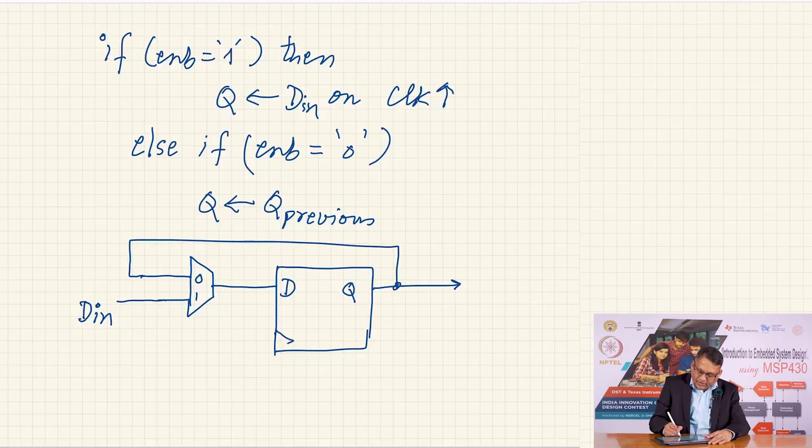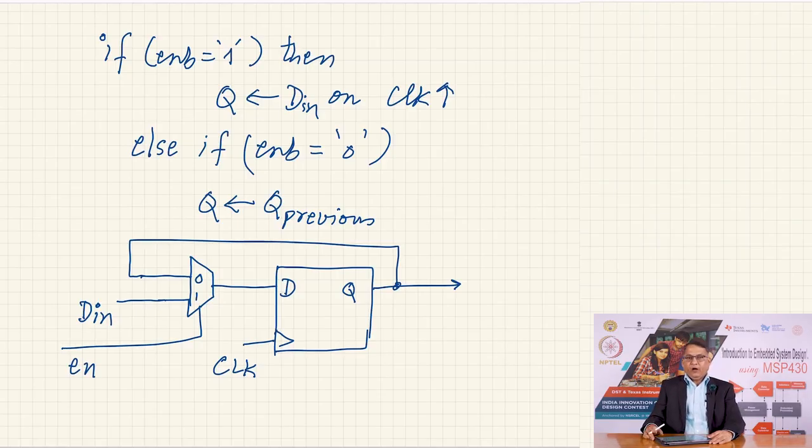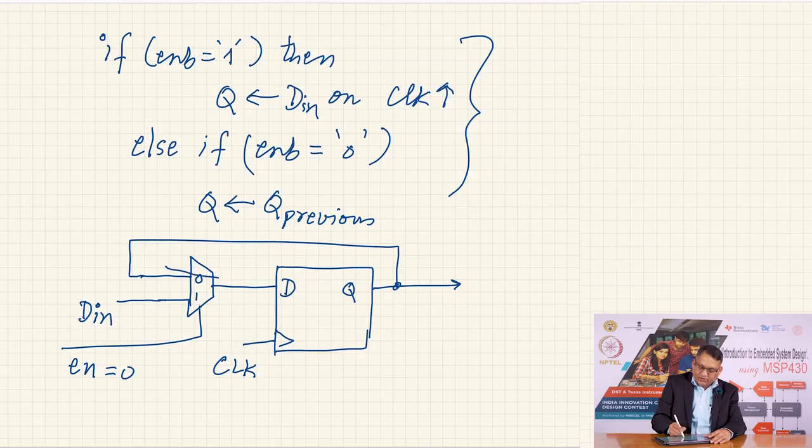The clock will be applied to the clock input of the flip flop, and the control signal or select line of the multiplexer will become the enable signal. Now, let us go through this circuit to understand that it actually implements this requirement. If enable is equal to 0, the 0th input gets connected here, and the 0th input is nothing but the current value of Q. So, on every rising edge it is just going to capture Q and transfer it to Q, which means the Q value is not going to change.